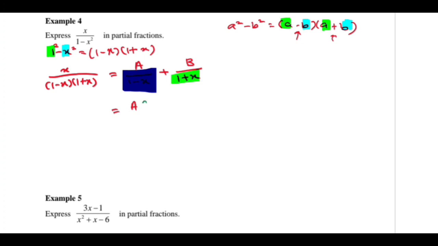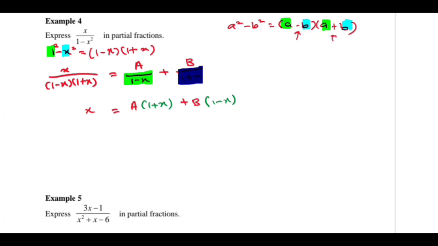So it is just 1 plus x. And next for b, we also ignore the denominator below b and just look at the denominator of the fraction beside it and multiply that denominator with b. So this is just 1 minus x. So now the other numerator is on the left hand side, which is x.